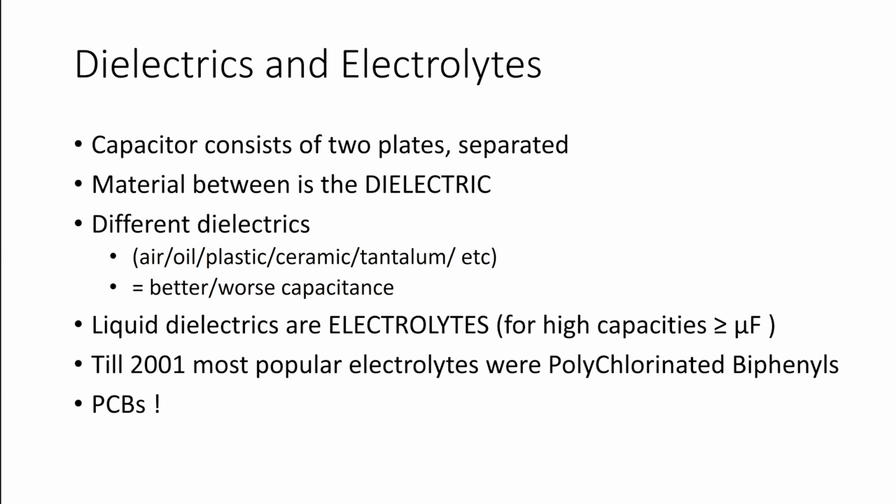Up until the turn of the millennium, the most popular electrolytes were things called polychlorinated biphenyls, or PCBs. There's also EDLC supercaps, which we're not going to discuss here, but they're dry, polarized and preformed, and that's for another conversation. It's maybe one for David to do.